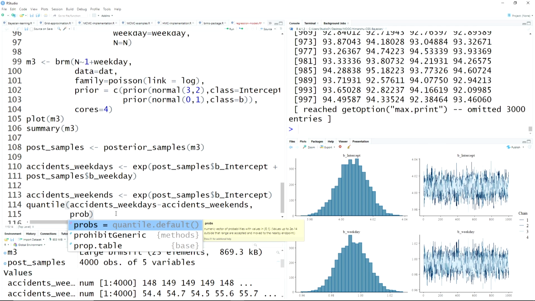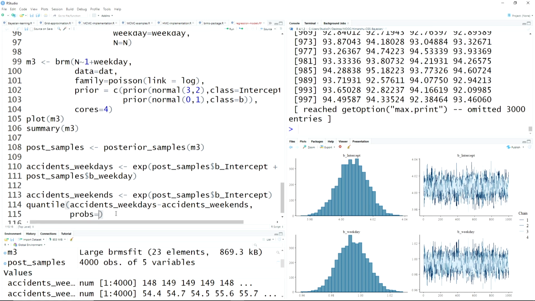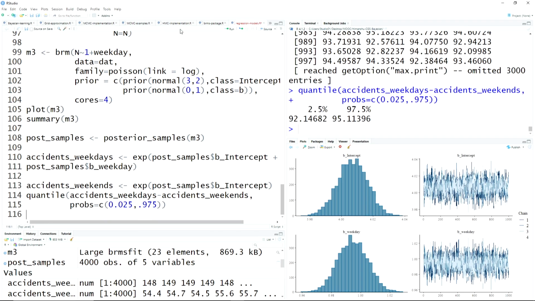So you were getting log lambda, and the difference of log lambda across weekend and weekdays. Now you are getting the actual difference between the lambda values in weekend and weekdays. This will give you the 95% credible interval of that.